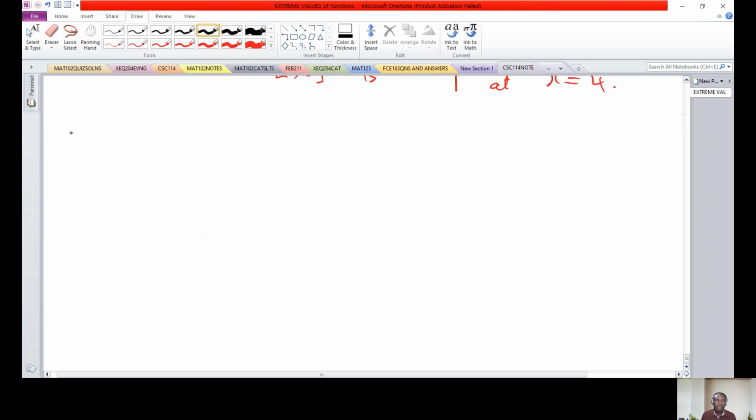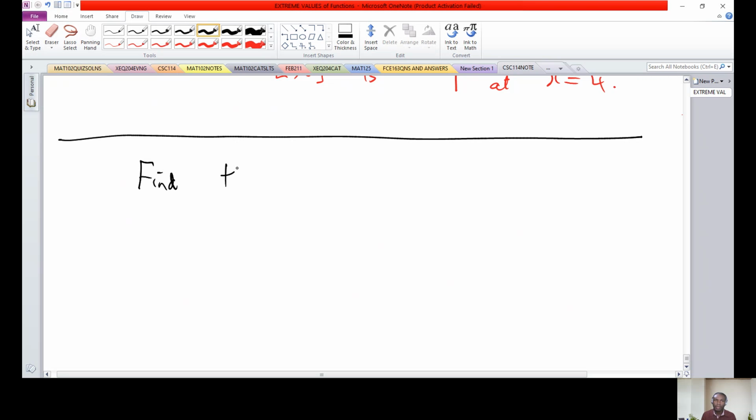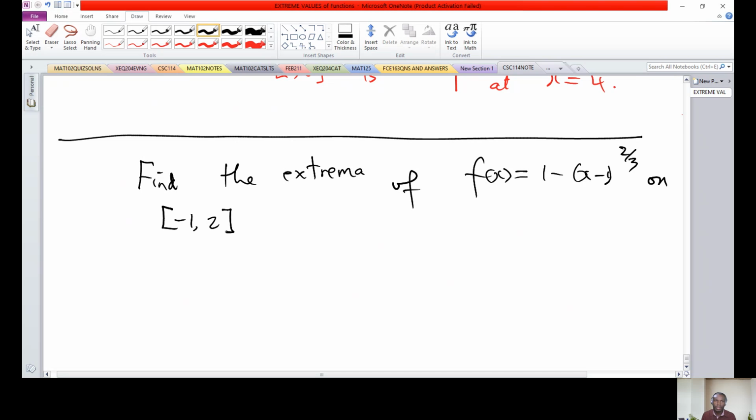Another example, find the extrema of f of x given by 1 minus x minus 1 raised to the power 2 over 3 on the closed interval from negative 1 to positive 2.